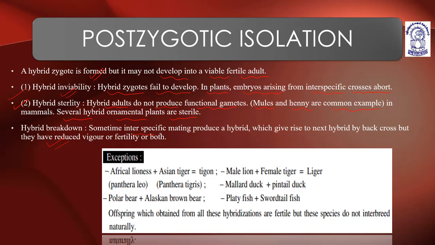Some interspecific mating produces a hybrid, which gives rise to the next hybrid by backcross, but they have reduced vigor or fertility or both.